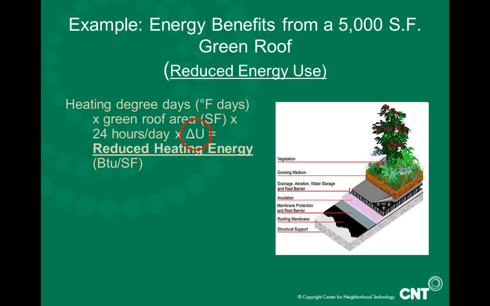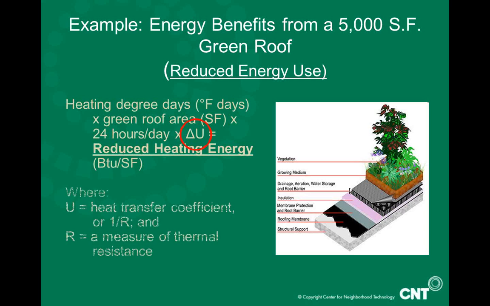And so, multiplying all those factors together, we're going to come up with the measurement of the actual benefit of adding a green roof, this particular green roof, and that's going to be in BTUs per square foot in reduced energy usage. Okay, hopefully you're all with me so far.